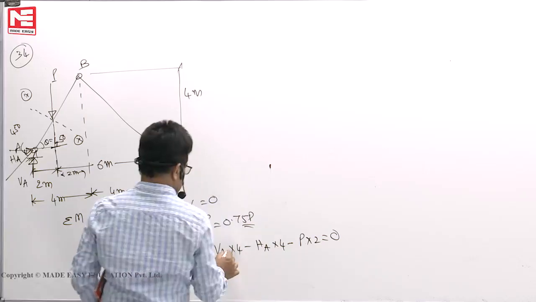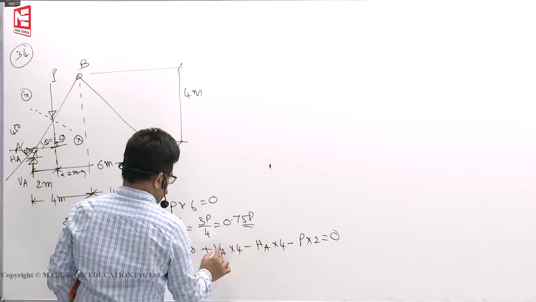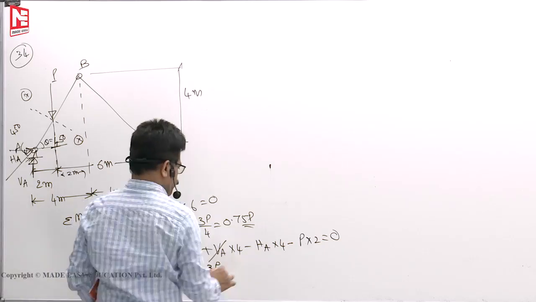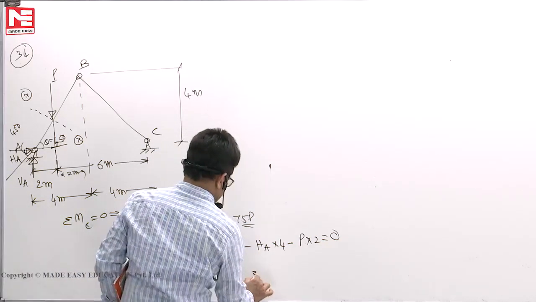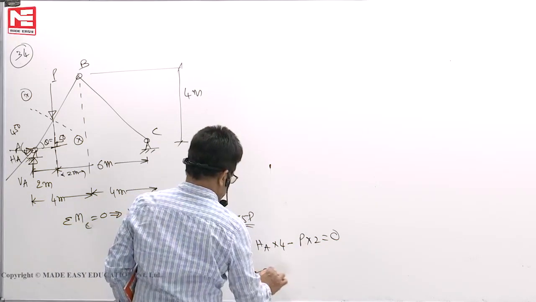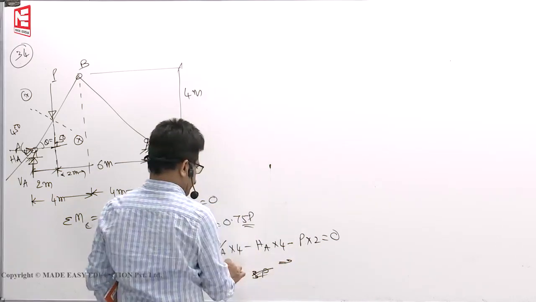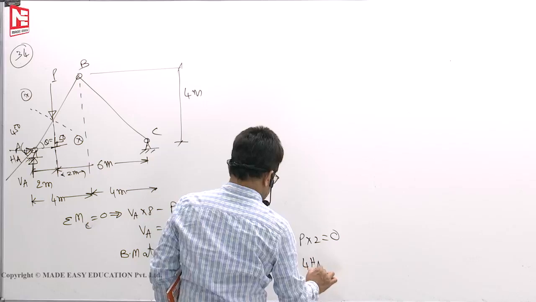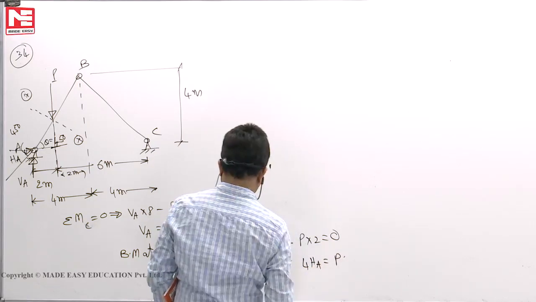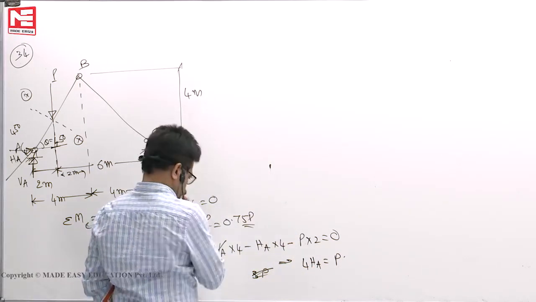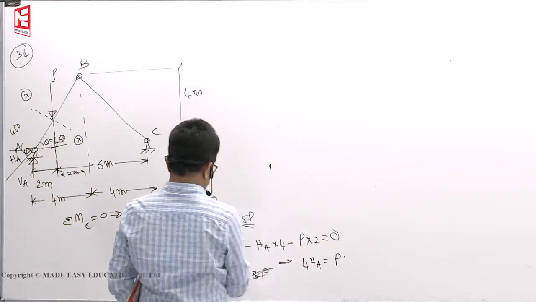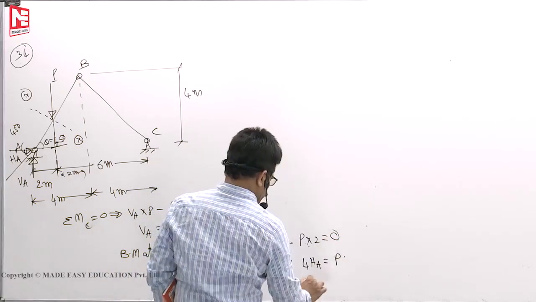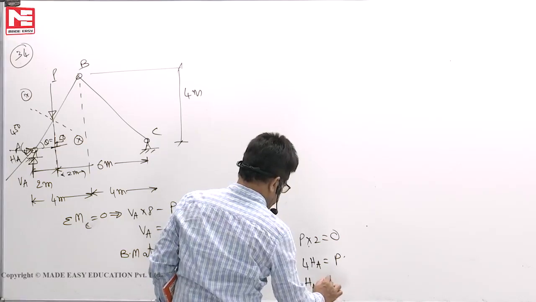Now VA is 3 by 4 P, so 3P by 4 into 4 means 3P. So 3P minus 2P, you will get P. So goes to the right side minus P. So 4HA is equal to P. So HA is equal to P by 4.